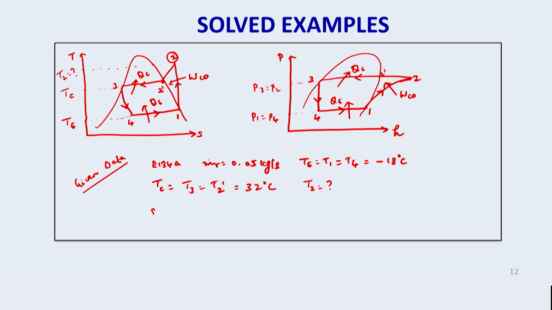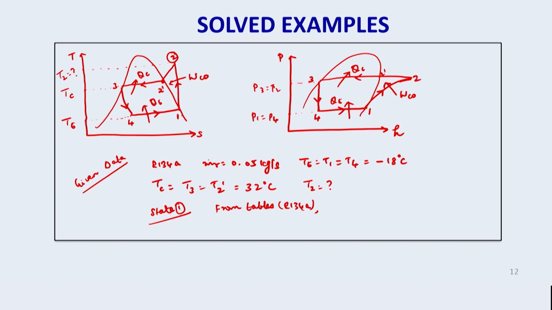So state 1. State 1 is in the saturated vapor line, so directly we can read the enthalpy value and entropy value from the tables. So from tables, that is R134A.